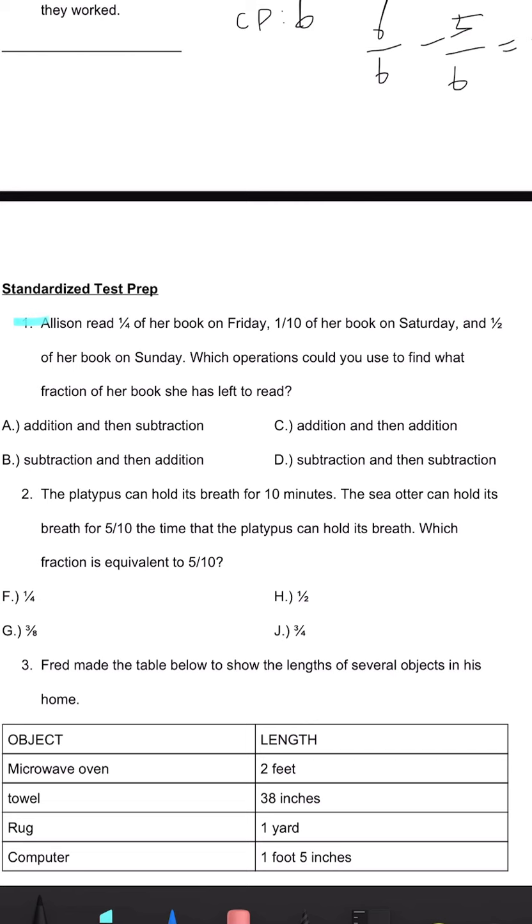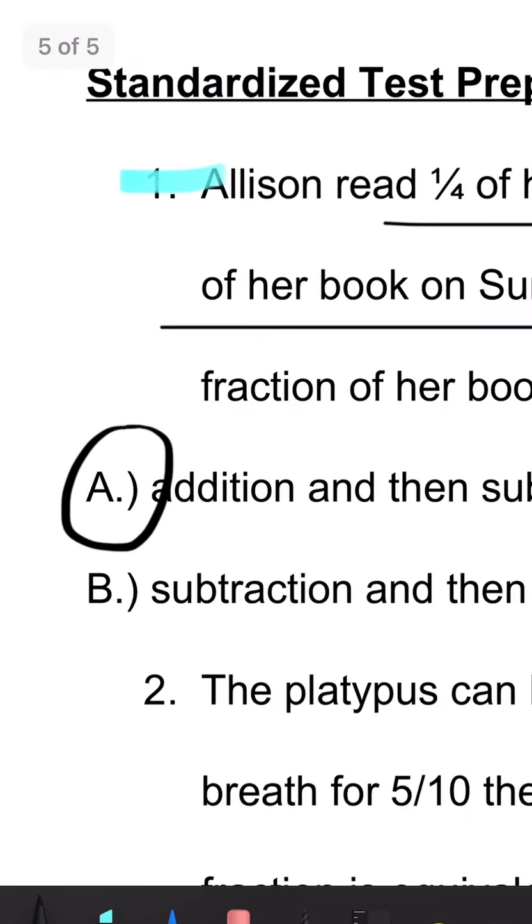It's giving us the days and the amounts separately. Friday this much, Saturday this much, and Sunday this much. So our goal is to add these all up and then subtract it from the total. So we're going to do addition and then subtraction. So we know that our answer is answer choice A.